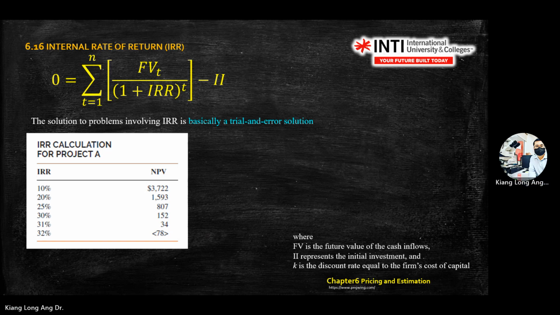Okay. So in this case, for example, project A, you get IRR 10%, NPV equal to this one, right? So the last, 32%, you get a negative value.